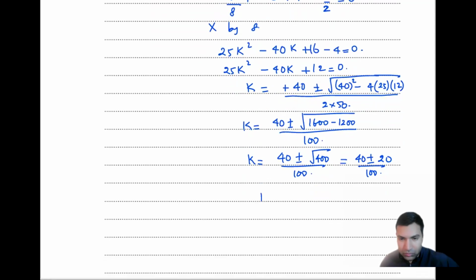Okay, so I get two values of k, which is 60 over 100, and 20 over 100. So from here I get 3 by 5, and from here I get k as 1 over 5.